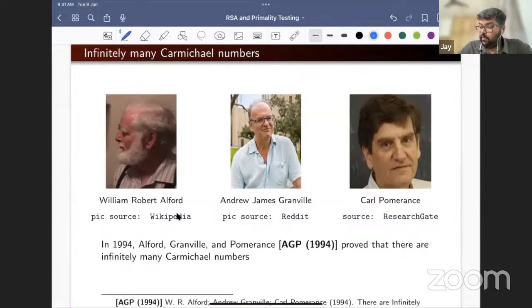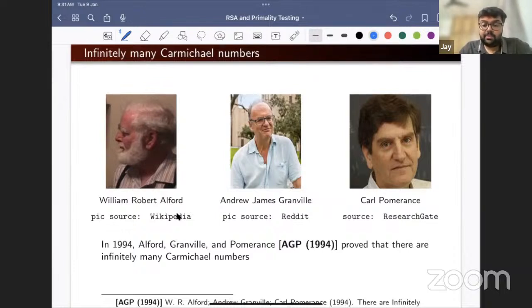But then in 1994, Alford, Granville and Pomerance published a paper in which they proved that there are infinitely many Carmichael numbers. Now the trouble for Bob increases, because there are infinitely many Carmichael numbers, and Bob chooses a very large number, with many digits, which does not have a prime factor up to say 1 million or 10 million. Then how to conclude that it is actually a prime?